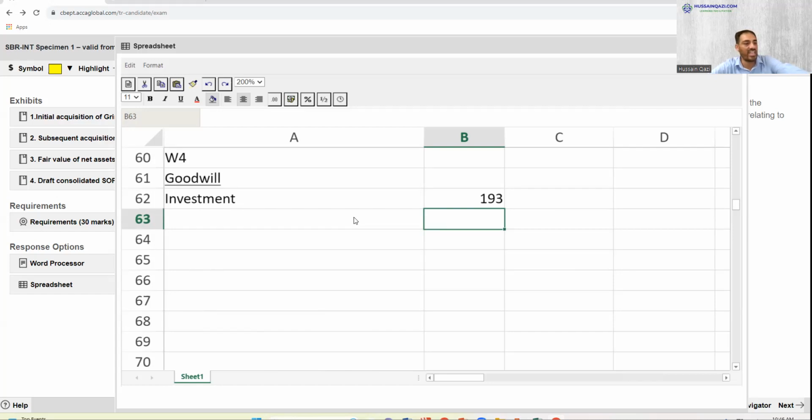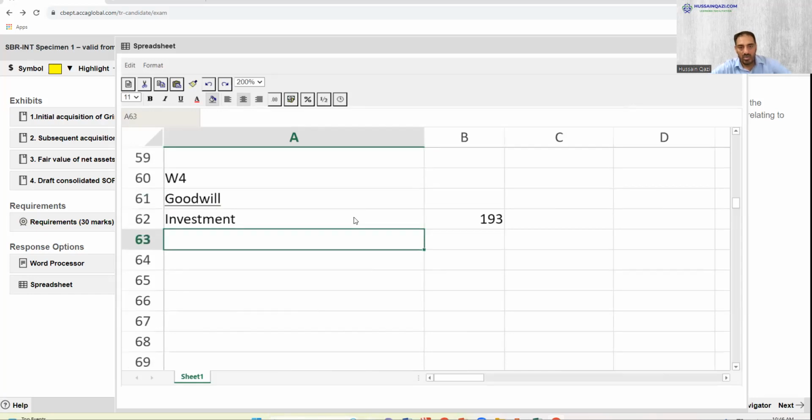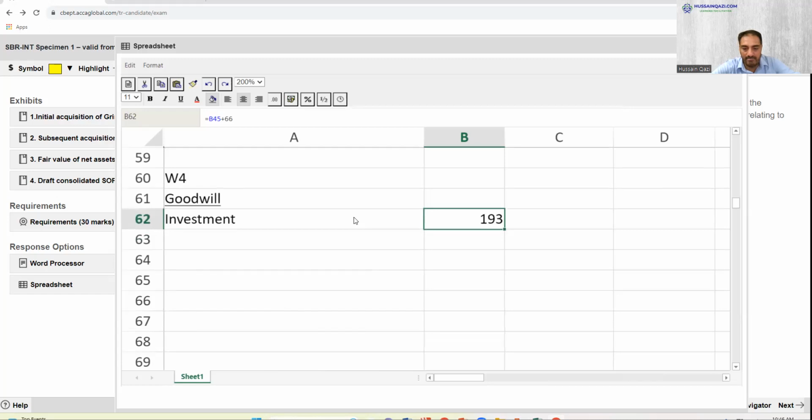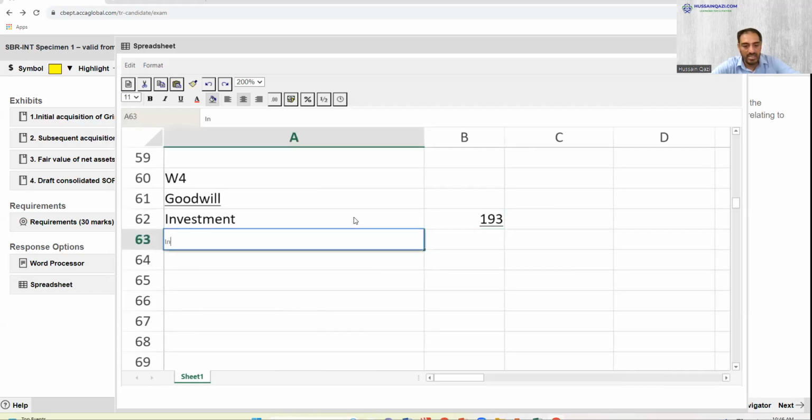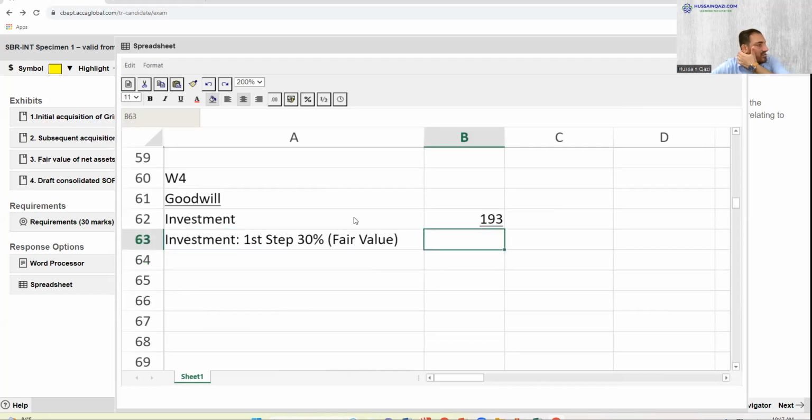I hope it's clear. If you have any query, you can ask me on WhatsApp. Don't worry. Or if you want to bifurcate, you can do that. For example, the investment of 30%, first step, its fair value, that's 127.